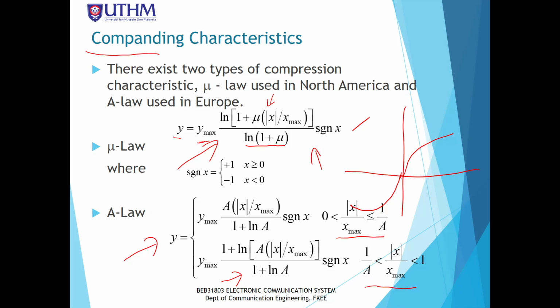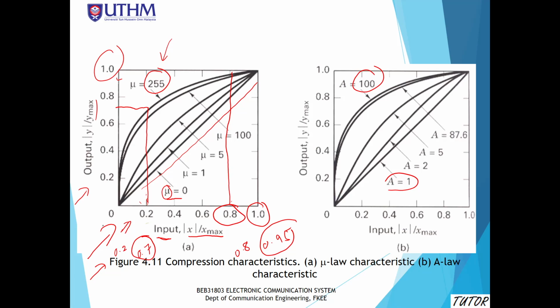Diberikan beberapa input, positive and negative, and you need to draw the output. So you draw this one, and then ada output seperti inilah menggunakan A law or mu law. Okay, soalan itu tidak sukar.